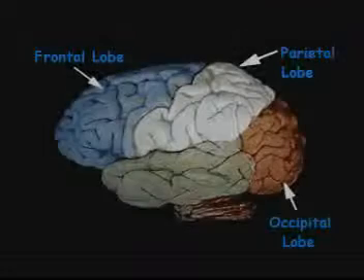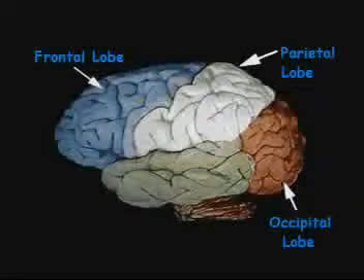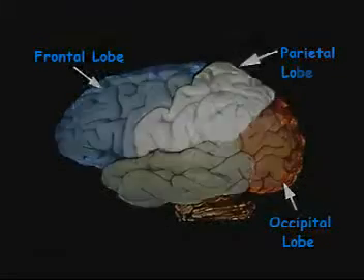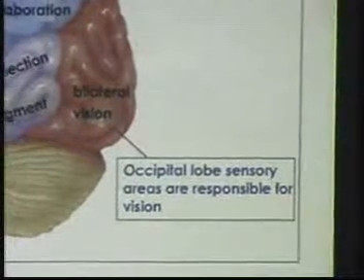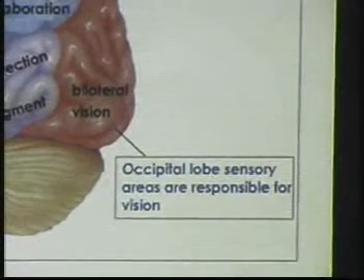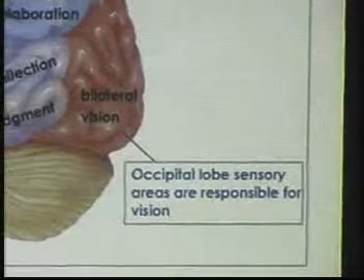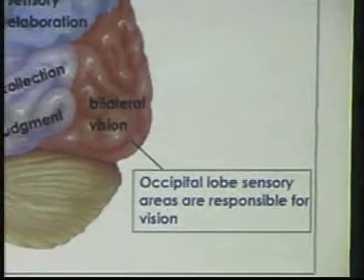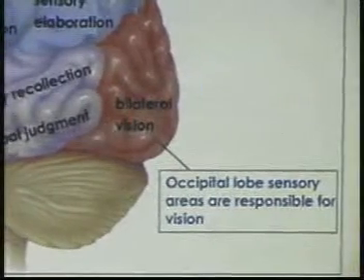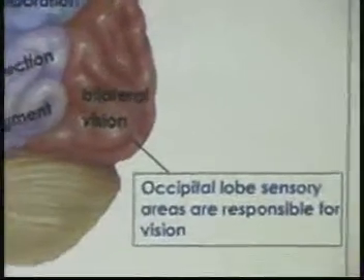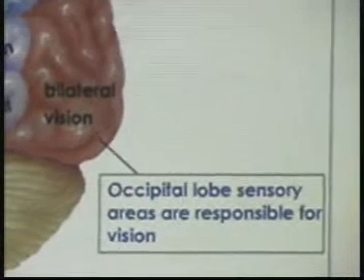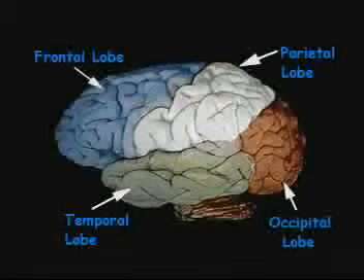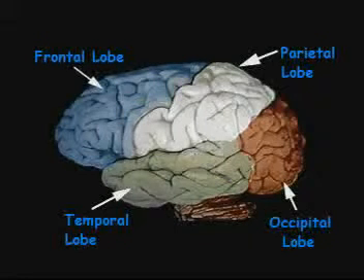We move on to the primary visual area, and that takes us to the occipital lobe. It receives impulses from the eyes and interprets the shape, the color and the movement. The removal of visual centers can cause blindness. We move on now to the primary auditory area, which is located in the temporal lobe.